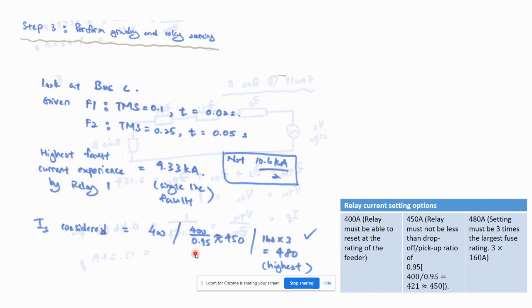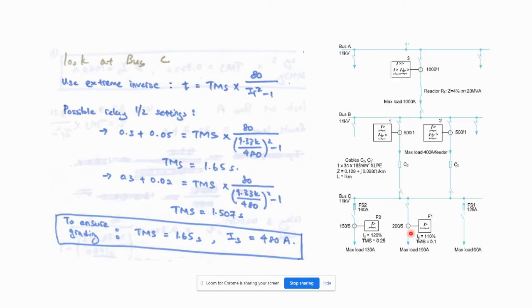Why divide by 0.95? It is so that the relay must not be less than the drop-off or pickup ratio of 0.95. This is one of the considerations, the standard that we adopt here. So it's either 400, 450, or the relay must be 3 times larger than the fuse rating, which is 3 times 160 amp, because the fuse rating here is 160 amp.